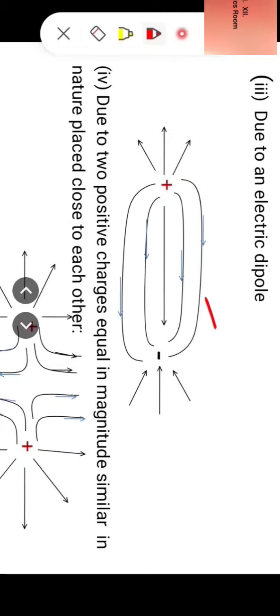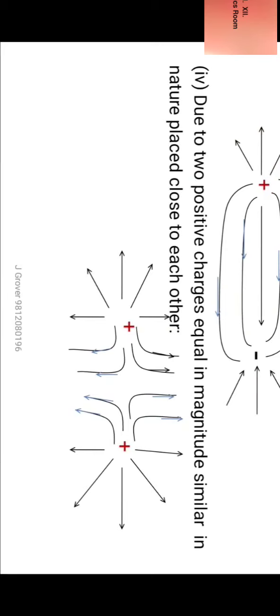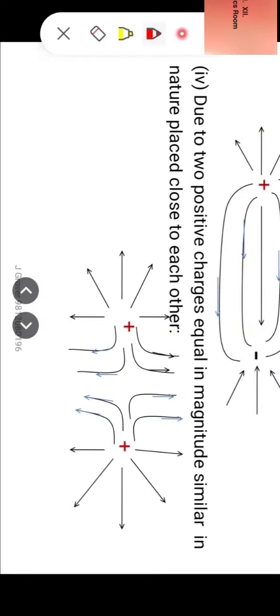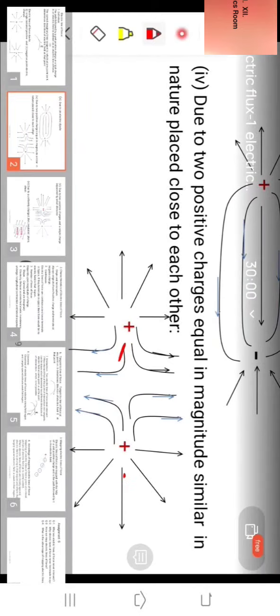Similarly, electric lines of force due to two positive charges equal in magnitude, similar in nature, placed close to each other are as shown. So these are the 2 point electric charges which are closely separated, and they are of same magnitude, and the electric lines of force are as shown.